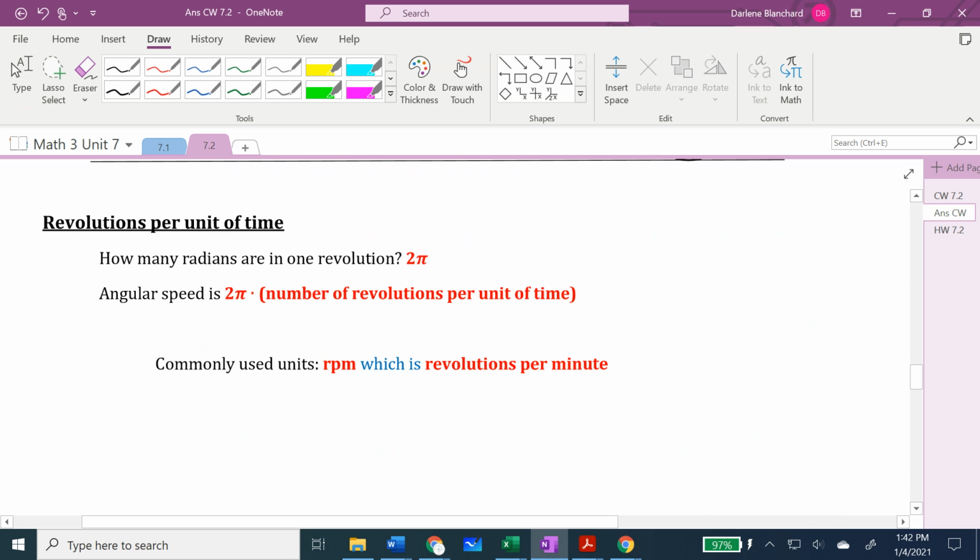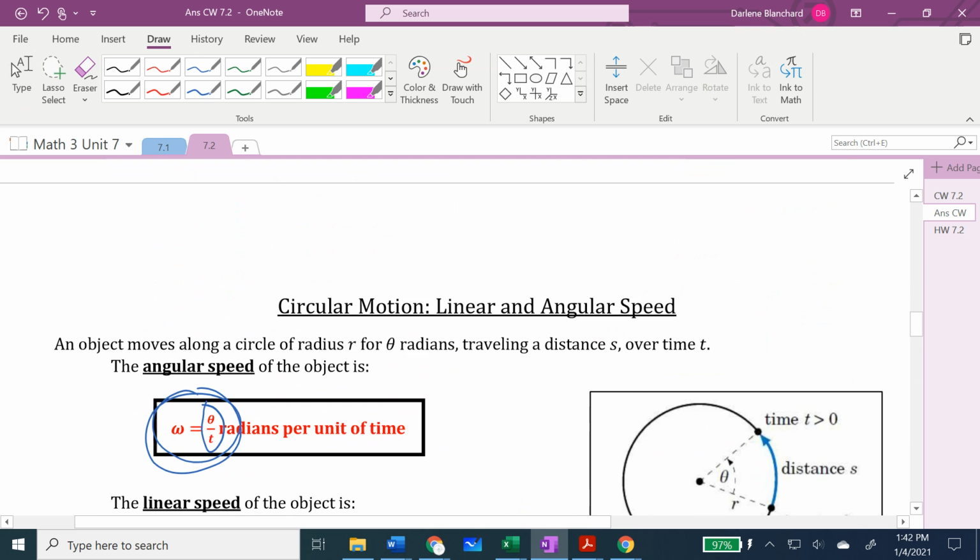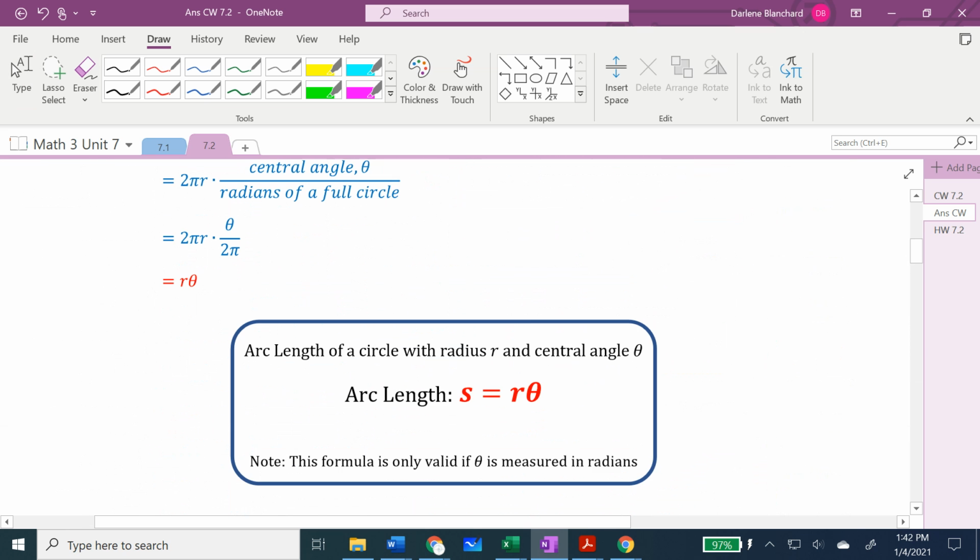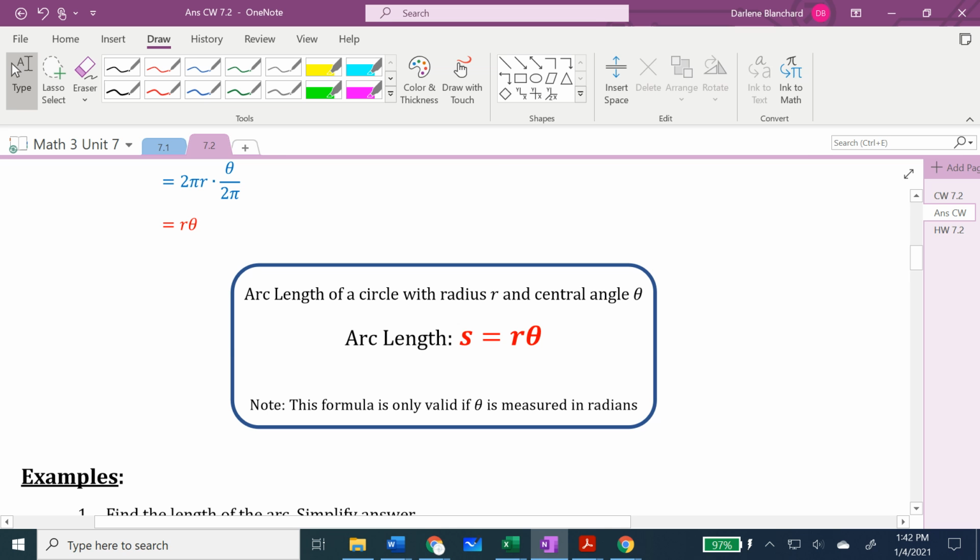If you look at the formula for arc length, right here given by the letter S, S is a distance. The radius is also a distance. With that in mind, your angle is actually a ratio of your arc length to your radius. Let's say you're using the metric system.